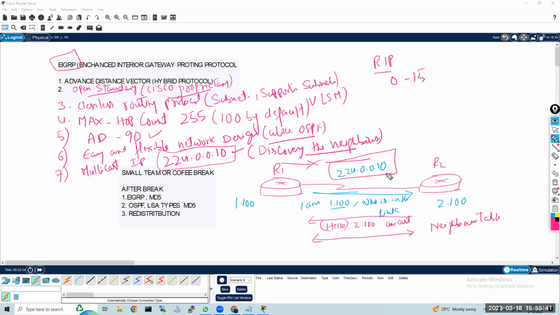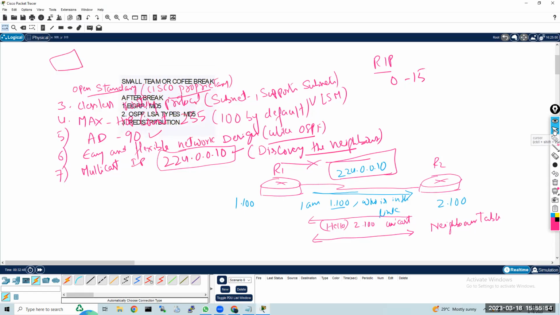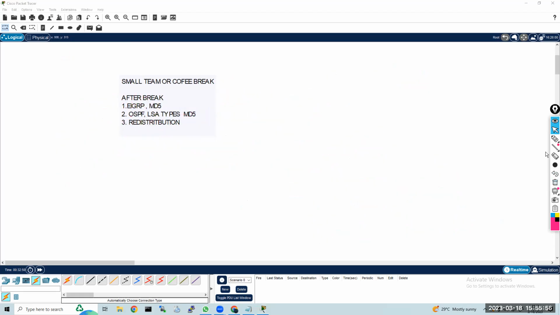Now, what are the tables formed by EIGRP? Which are the tables, guys? Who will tell?